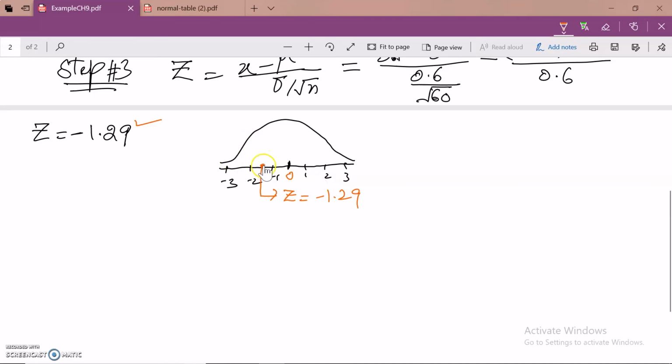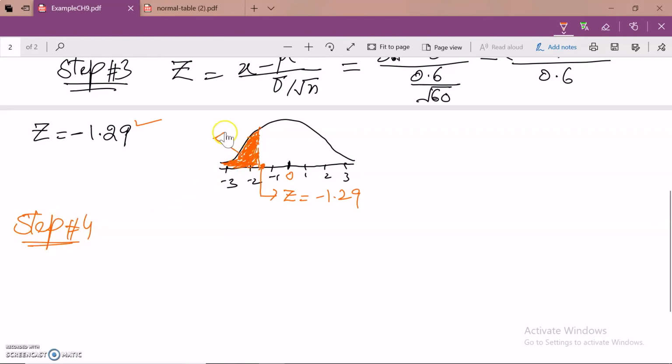Once you locate this value, you build a wall like this, and this area, the area to the left of the test statistic, if you remember, is going to be our p-value, which we are going to compute in the next step. So in step number 4, we find the p-value.